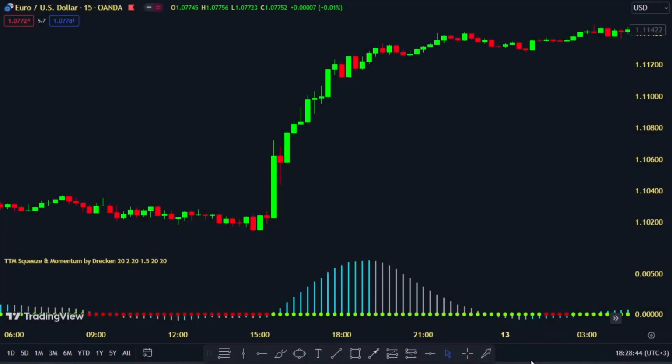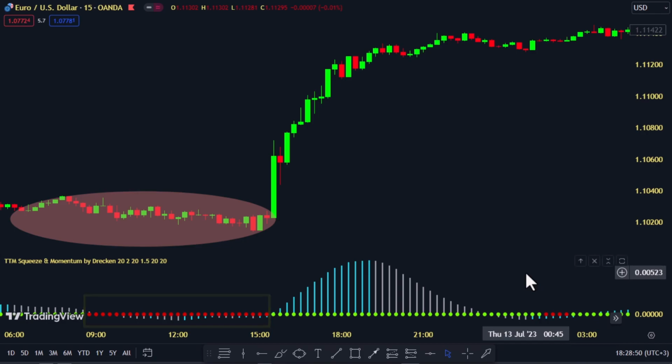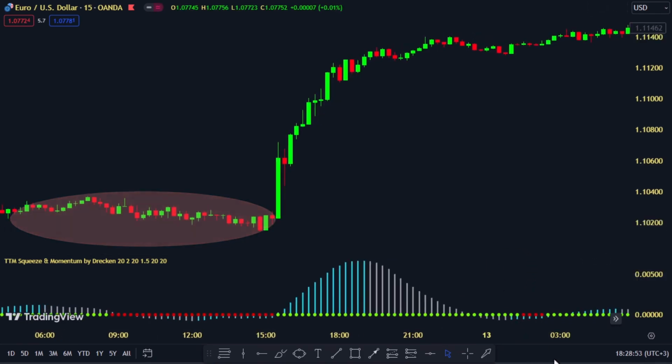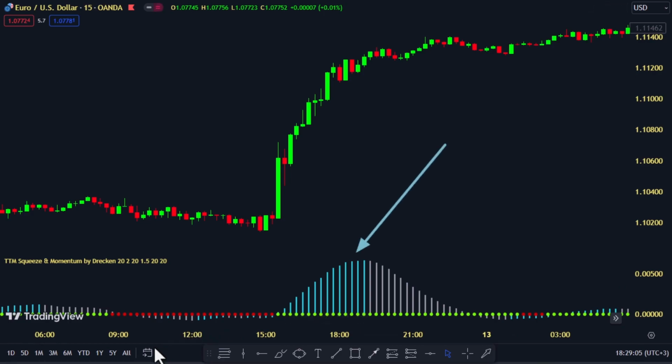For instance, when you see those histogram bars shortening, it's a sign of low volatility, just like a calm sea. And if you look at the price action, you'll probably notice it's not very turbulent during this period either. Conversely, tall histogram bars typically accompany Bollinger Bands venturing beyond the Keltner channels, suggesting heightened volatility.